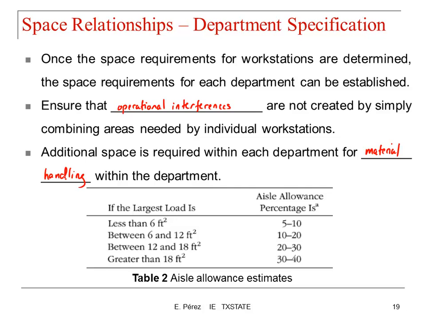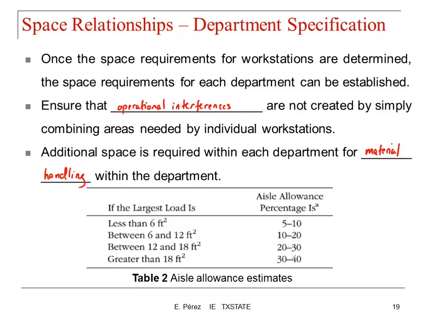These are the size allowance percentage for the department. So for less than 6 feet square, then you're going to need an aisle allowance percentage between 5 and 10%, and so on.